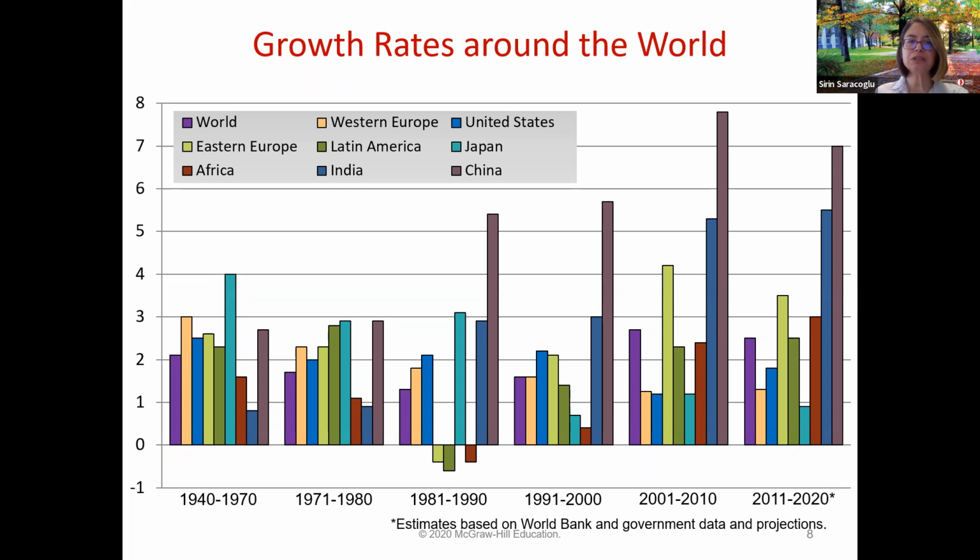Okay, so here the growth rate of an economy is measured by the annual growth rate of real GDP. So it tells you how the productive potential of an economy changes through time. So here, as you see, the average rate of growth in the world, as shown by the purple block here, it has been around 2% per year over a long period of time.